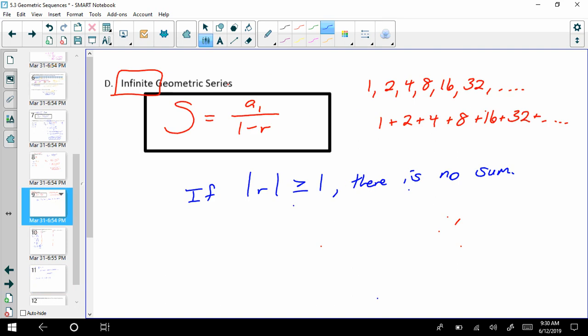So that's why on this formula, if the thing I'm multiplying by is bigger than 1, I'm not going to have a sum, because it makes my numbers get bigger and bigger. It only works if what I'm multiplying by is smaller than 1. Let's try another one.